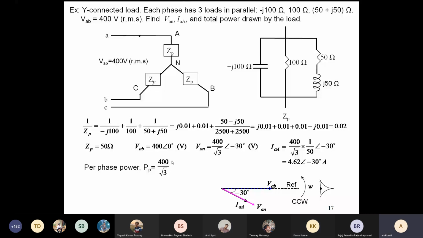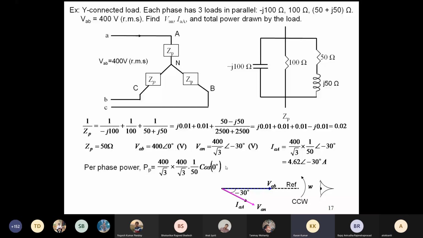So in each phase, this is the voltage, and this is the current IA. Now what is theta minus phi? Per phase it is 0. So cos 0 is 1.